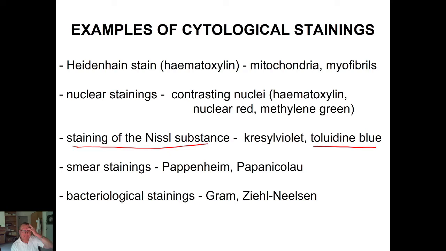If we want to see them, we can use normal synoptic staining, but to highlight it, we should use special staining. We can use cresyl violet or toluidine blue, and we have got a specimen where neurons of spinal cord are stained by toluidine blue.